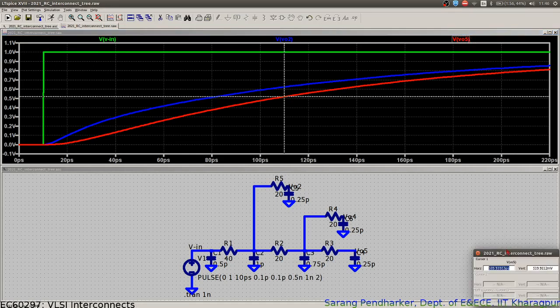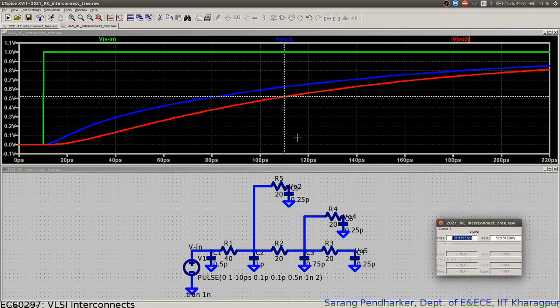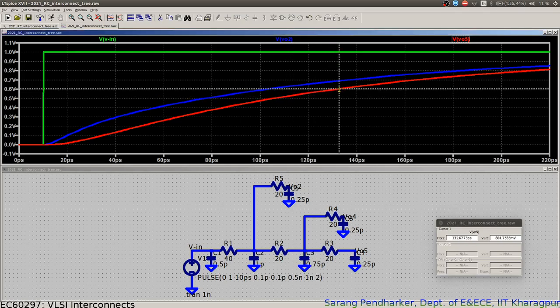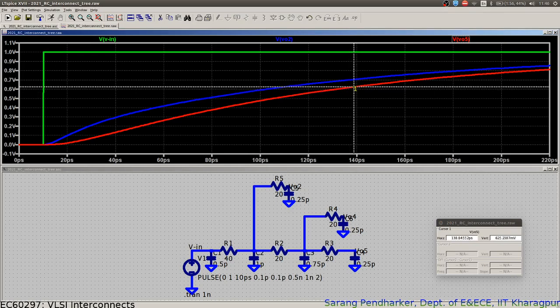So again I'm just checking for the delay from here, right? So let me take it to 0.63. So what I'm getting is 140 picoseconds value here.